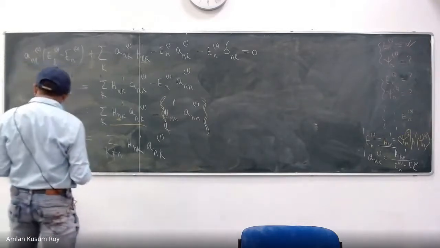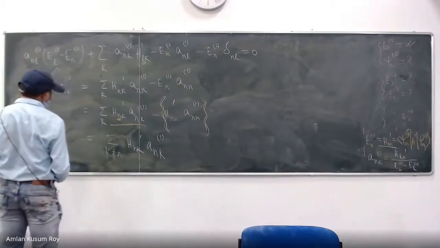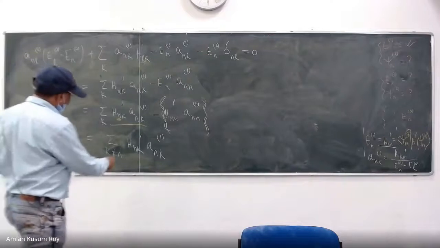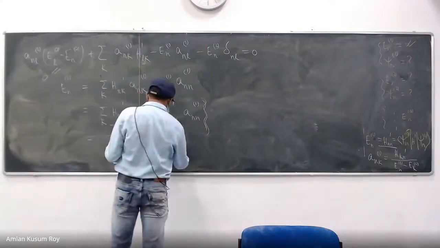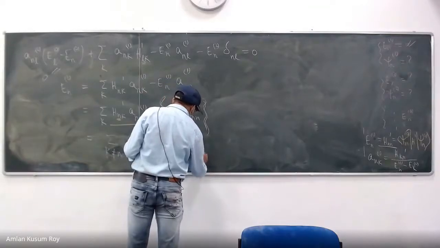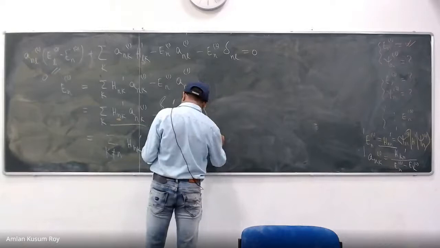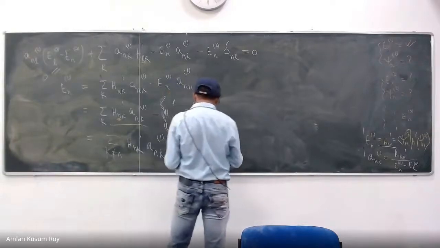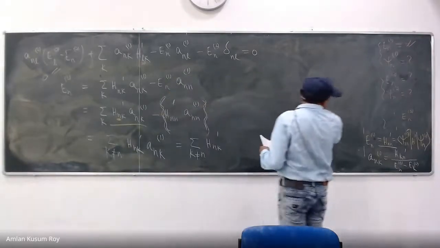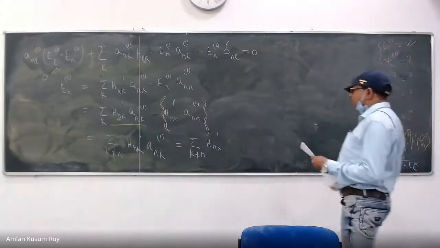So we'll just write this h_kn. Let us write one more expression for h_kn. So this will become sum over k not equal to n, h_nk prime, and your psi_n1. Remember, I think we wrote somewhere, your h_nk prime expression is already written here.